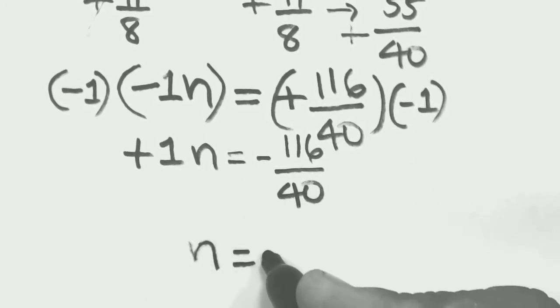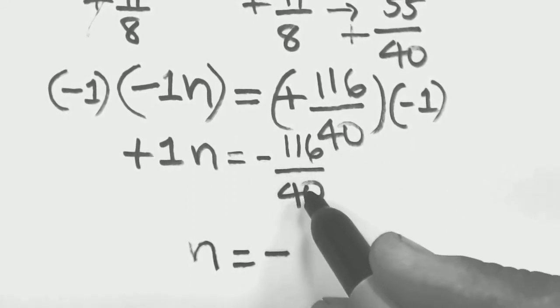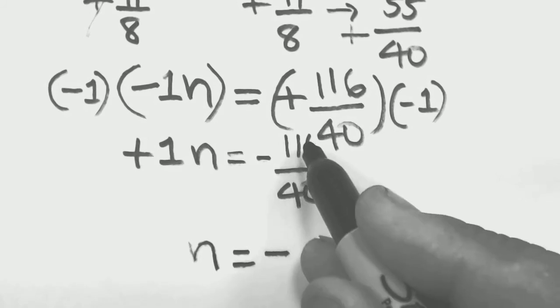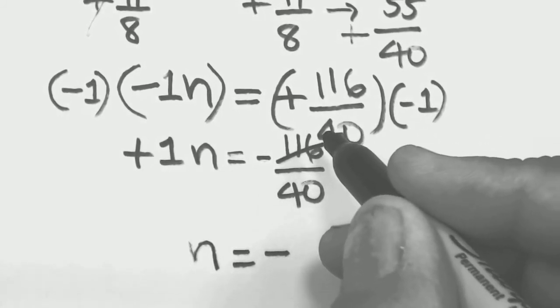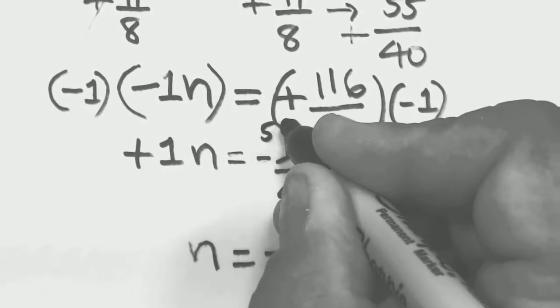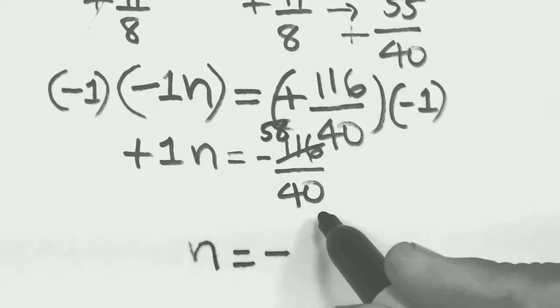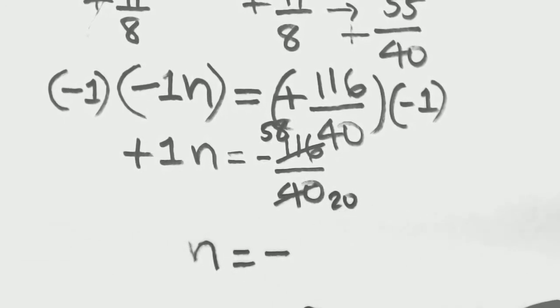The right side is negative, but since these are both even, let me start by reducing top and bottom by 2. 2 goes into 116, I think that's going to be 58 times. I'll write it on the side here. 2 goes into 40 20 times. That means I've got negative 58 over 20.